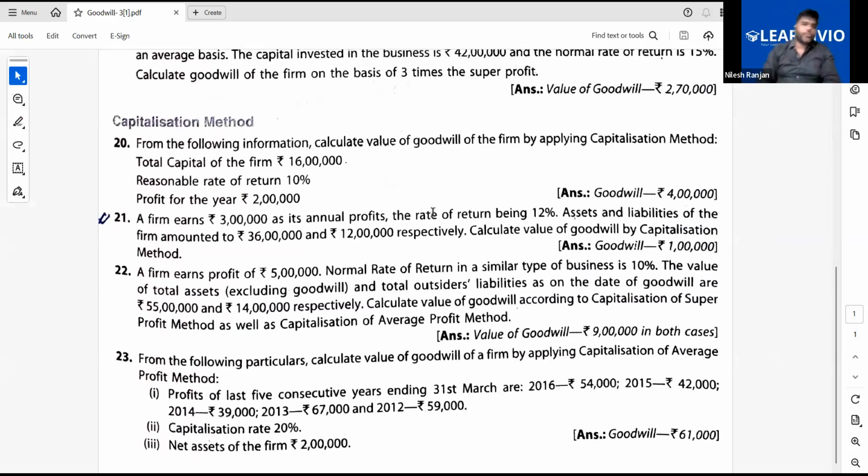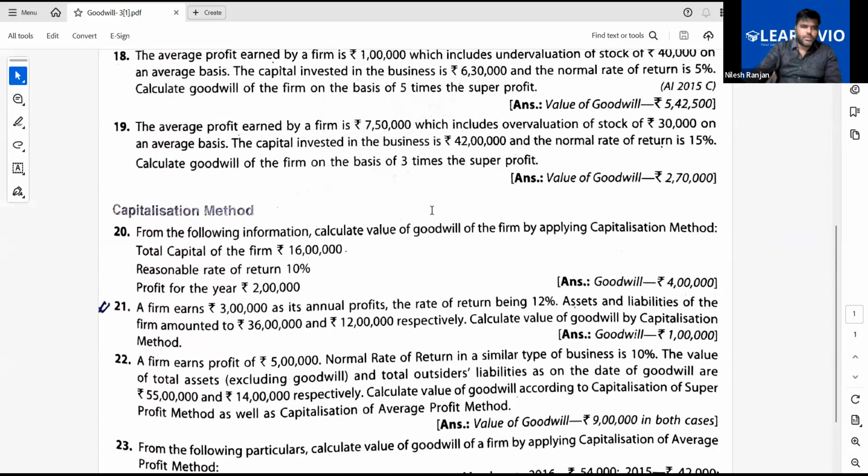Question number 20, 21, 22, 23. These four are questions of the capitalization method. Let's take any one of these questions. Question number 22, you can see: a firm earns 5 lakh, normal rate of return in a similar type of business is 10%.